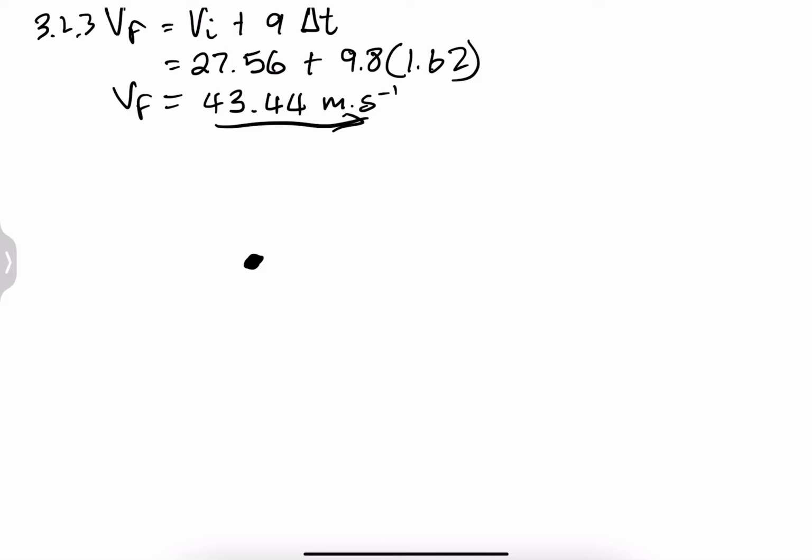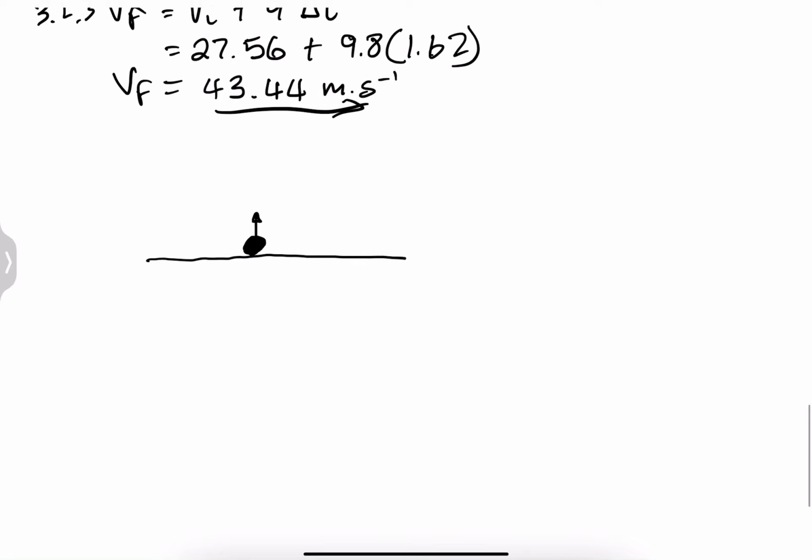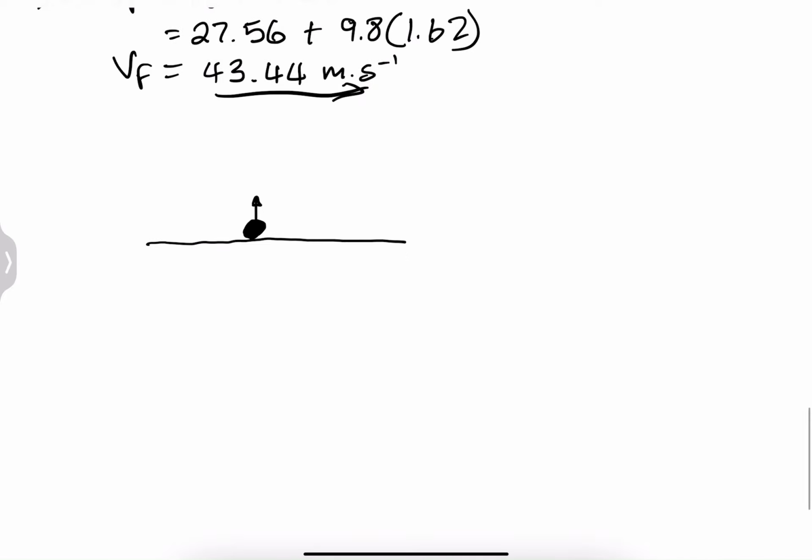Upon impact, ball B exerts a force on the ground, but the ground exerts an equal but opposite force on the ball. So now we can use the impulse-momentum equation.